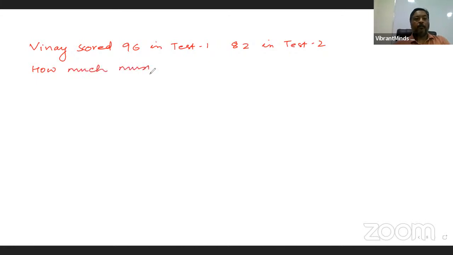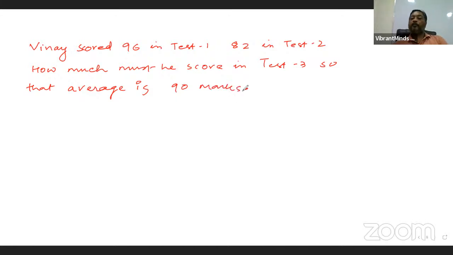How much must he score in test 3 so that the average is 90 marks?